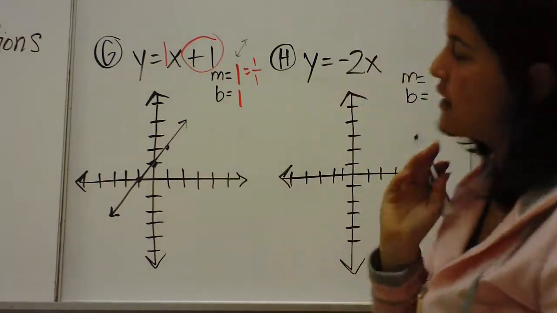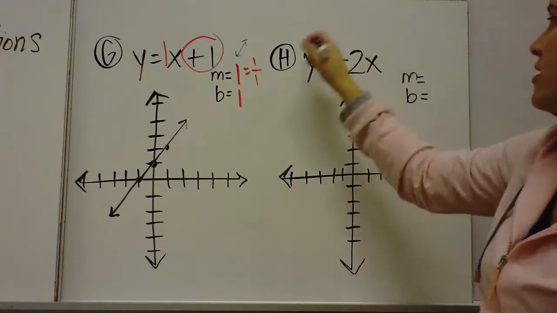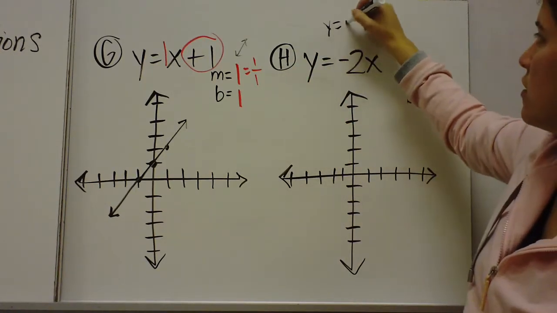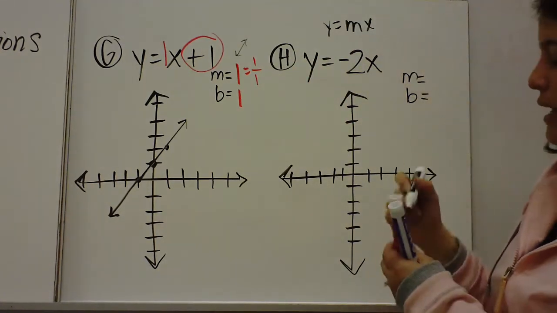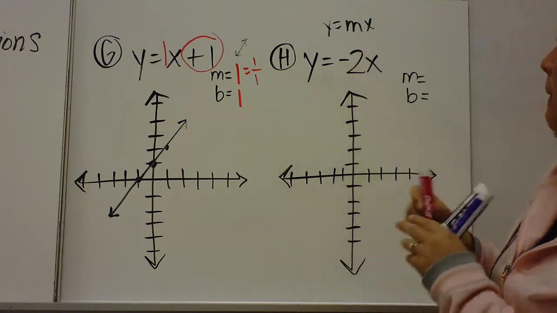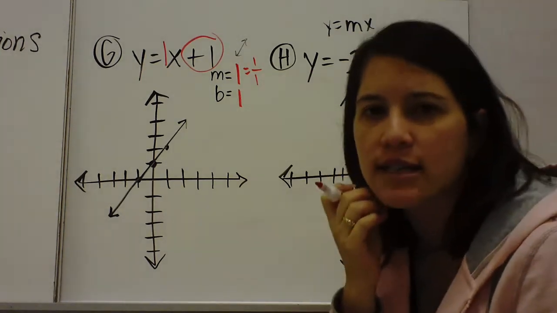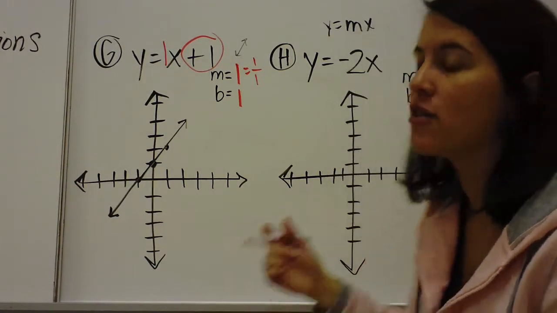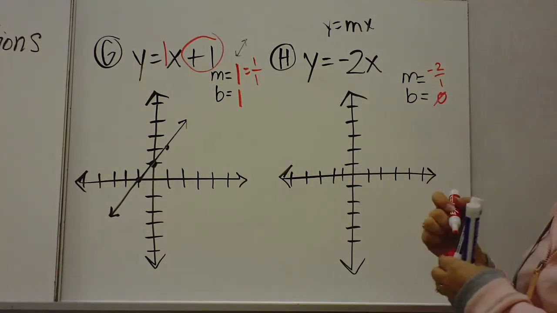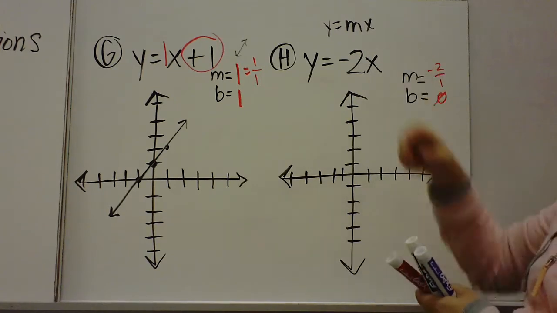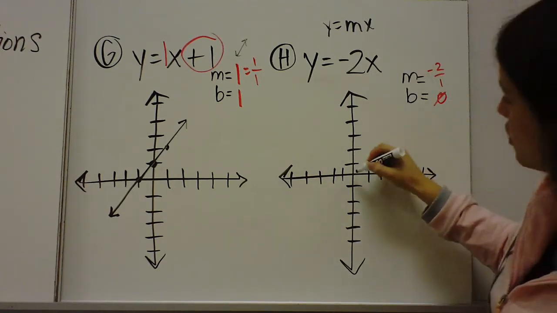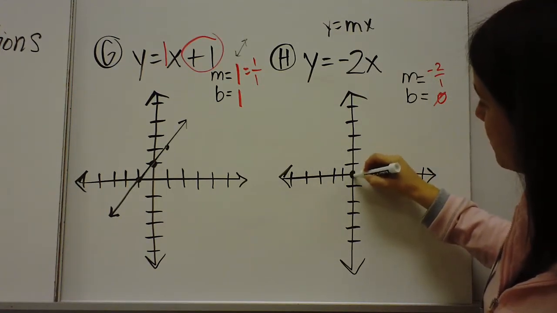All right, so last one like this. This one is a y equals mx. There's no plus b. So our m, as you can see, is negative 2 over 1. But what's our b? If we don't have anything, that means our b is 0. So if it doesn't have a plus b, that means your b is 0. So you put a dot at 0, 0, the origin.